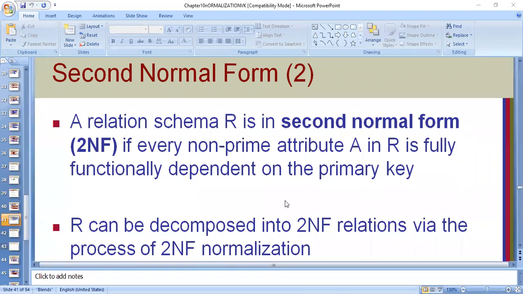Ma'am, it is fluctuating. My connection is fluctuating, ma'am, the voice is breaking. Hello. Can you hear now? Yes, ma'am, now it is correct. You can see the slide, right?